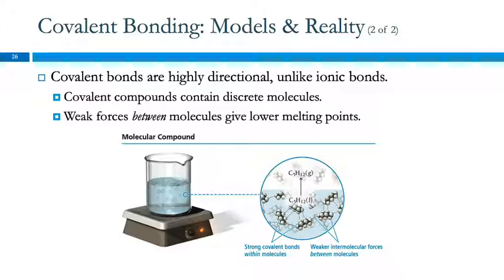So this results in covalent compounds making discrete molecules. Instead of an ionic compound where you just have this repeating pattern of alternating positive and negative ions that can just go on and on and on, any size. With a covalent compound, the bonds are specific between two atoms, and so you're going to make discrete molecules.